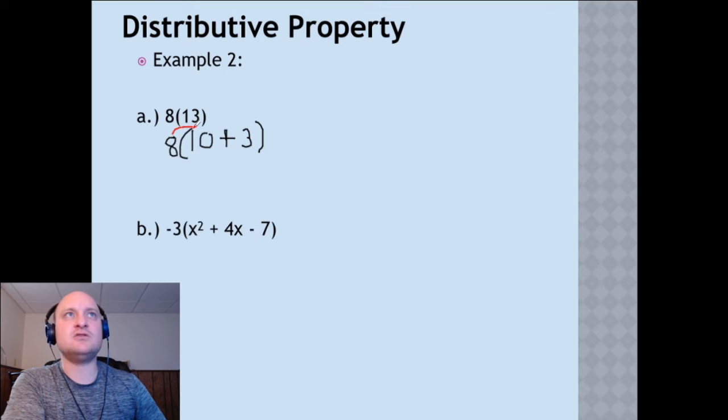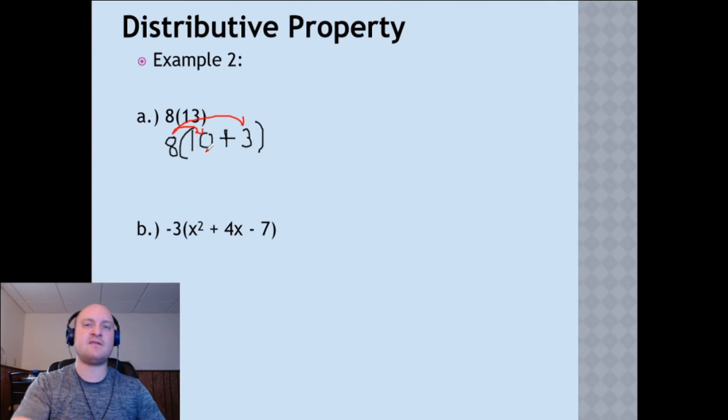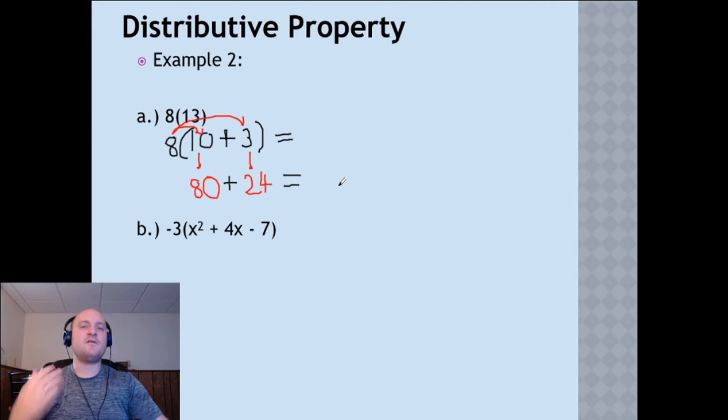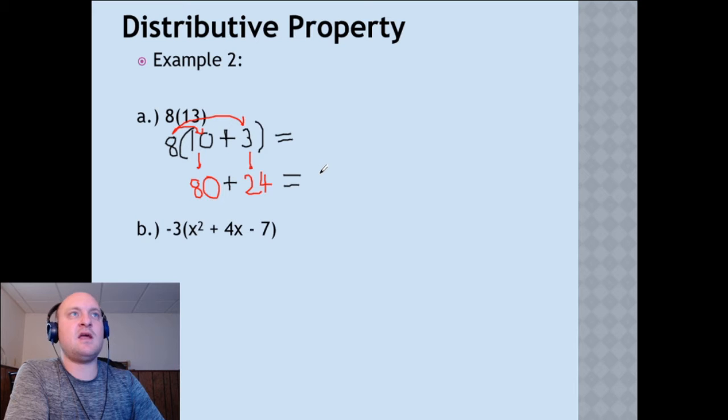The idea is to do part of the problem and then another part of the problem and put them back together at the end. Visually, we're just taking 8 times 10 and 8 times 3. Then we take those 80 and 24 numbers and add them together to make a total of 104.